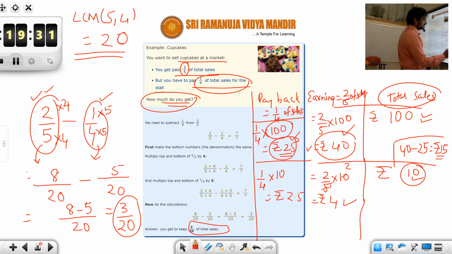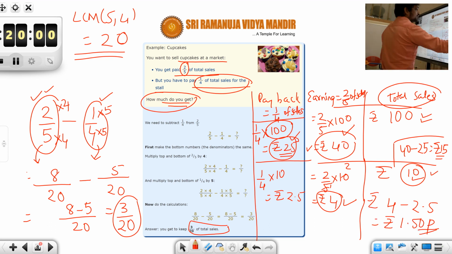It is 4 minus 2.5, so you will be earning 1 rupee 50 paise. This is for this example. If the total sales are 100, you will be earning 15 rupees. Similarly, if we don't know the total sales, we will be earning 3/20th of the total sales.